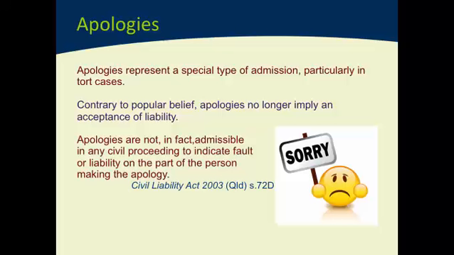The reason for this is that most of the time, people will say words like, I'm sorry, out of empathy, out of concern. I'm sorry can mean many things other than I accept the legal fault for whatever just occurred. So this is one of those occasions where it might have taken several decades, but the law eventually did catch up with normal human common sense. So an apology sounds an awful lot like an admission, but it's actually not an admission for purposes of law.